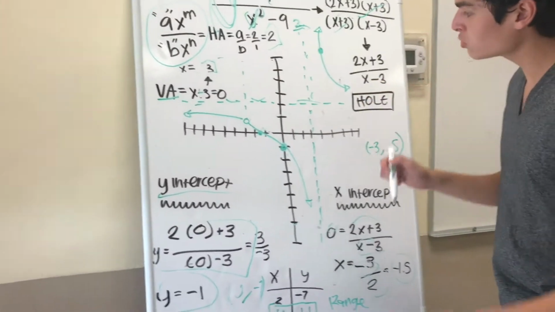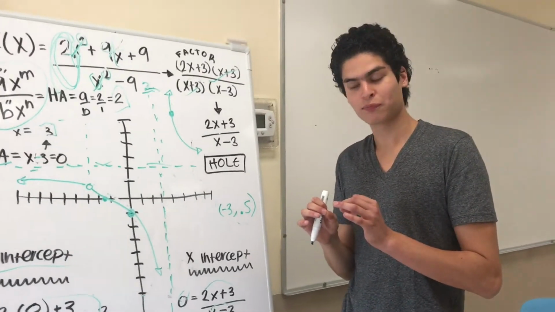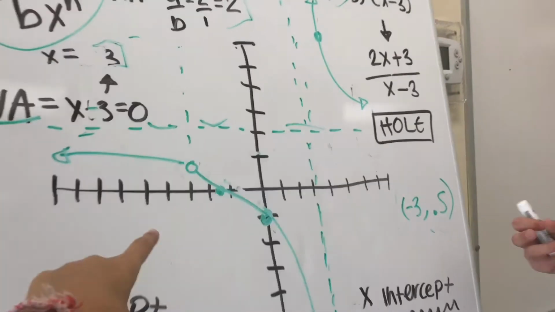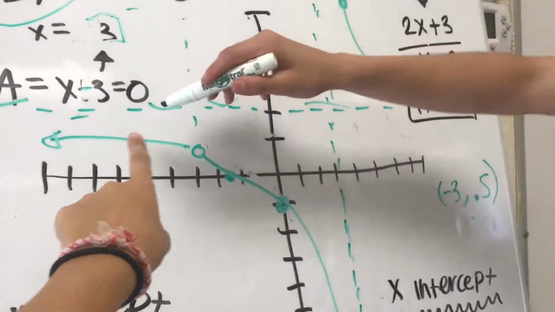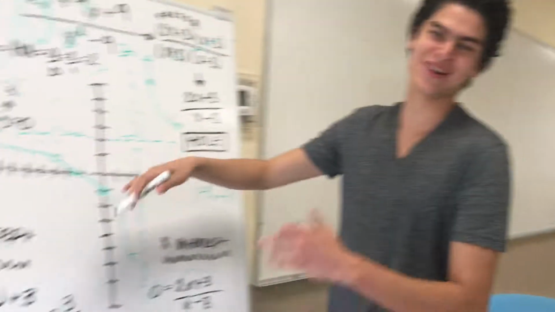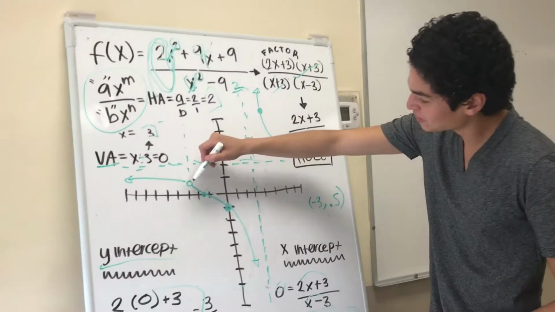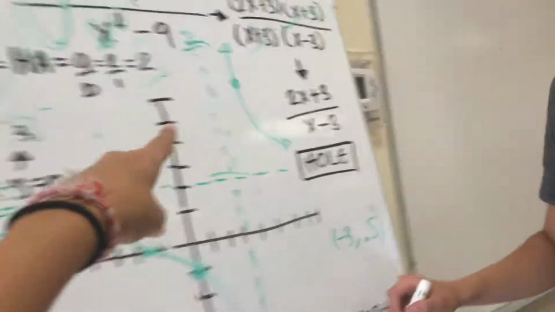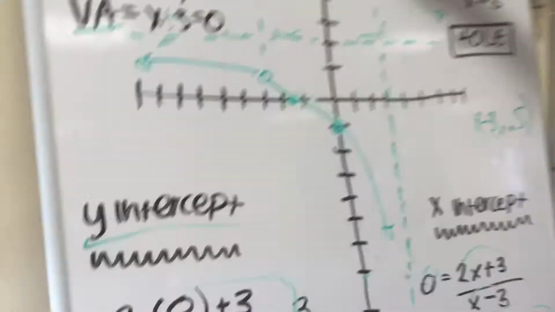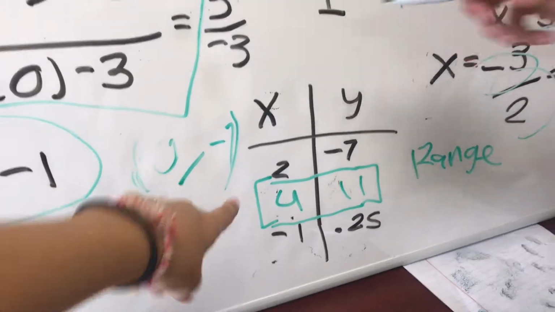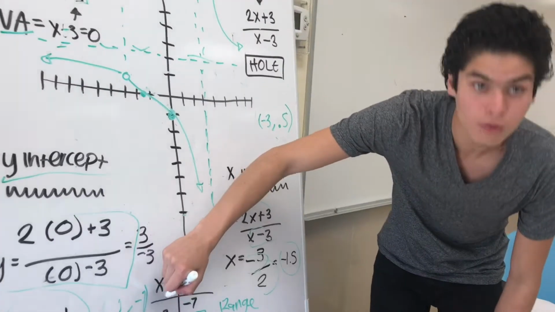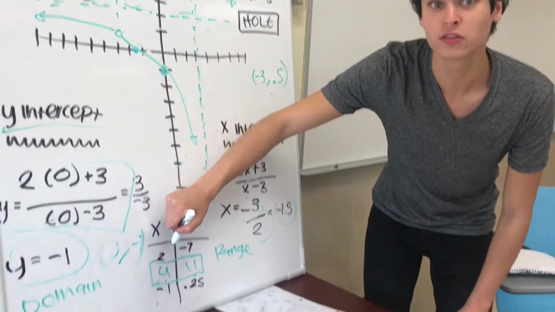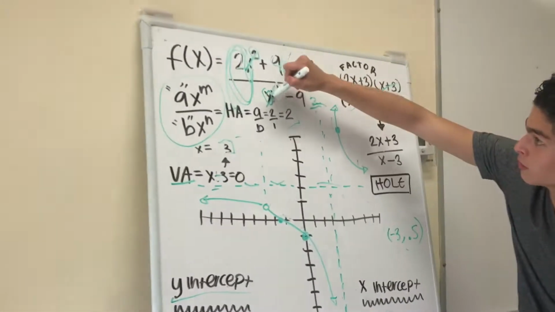So, once we have all these things, you graph it. I'm sorry, I missed a little. You graph it, and on the other side you gotta replace the number of x you would like right here.